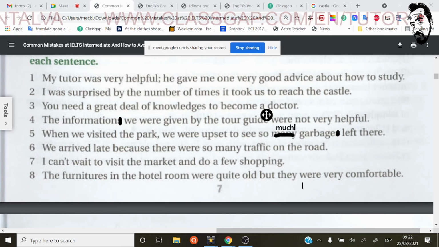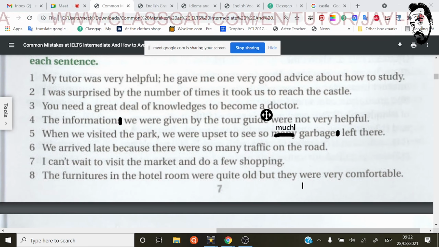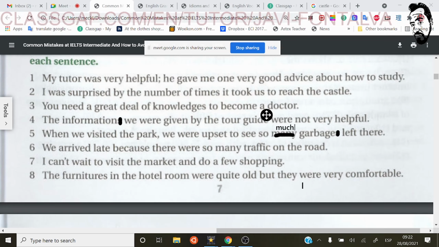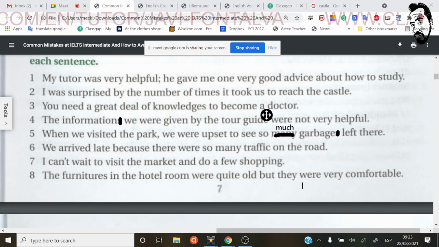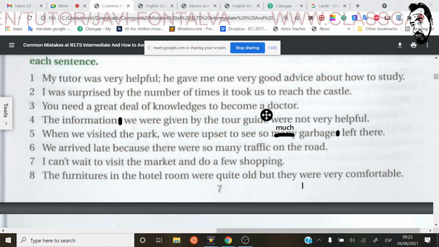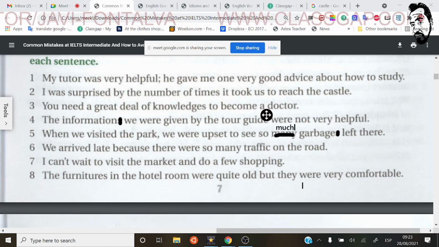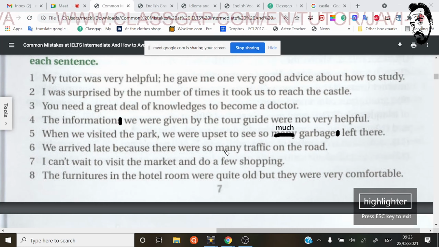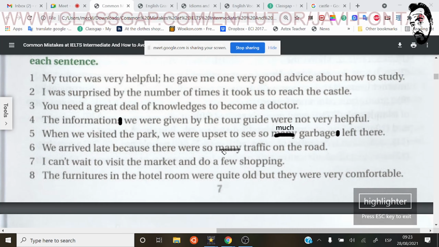Number 6. We arrived late because there were amount traffic on the road. I wouldn't say amount of traffic here. I would say much traffic. Just much traffic. So you cannot say many.